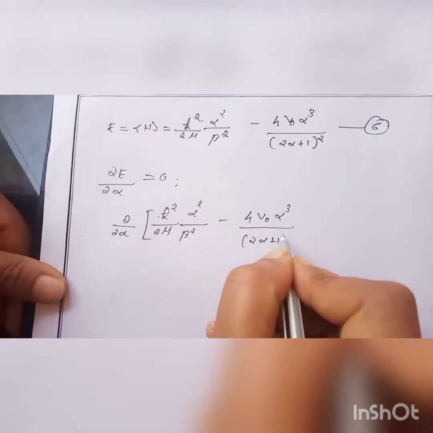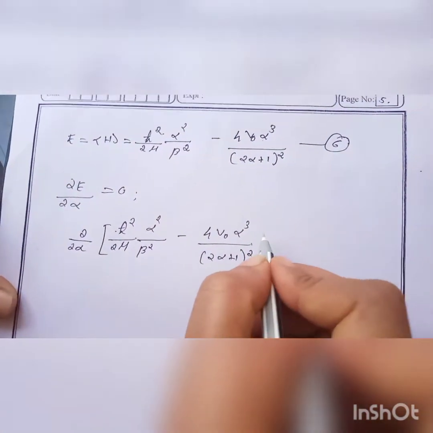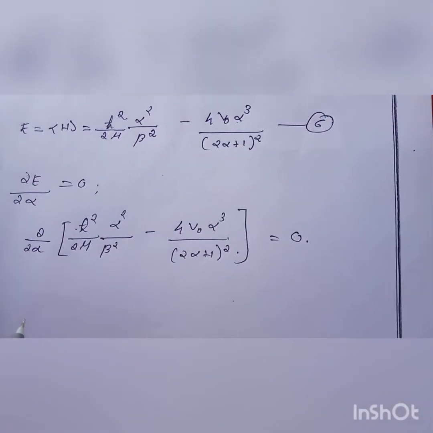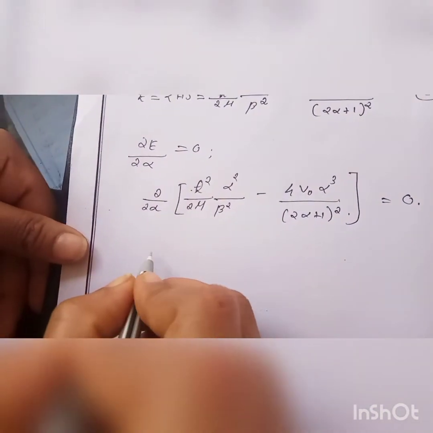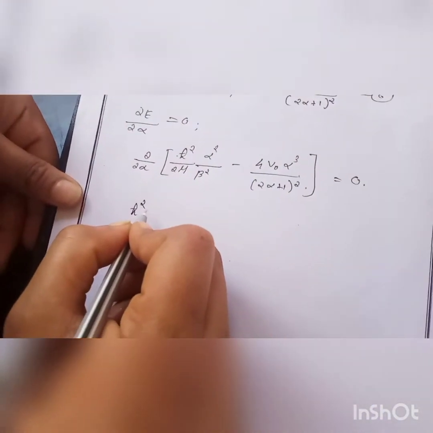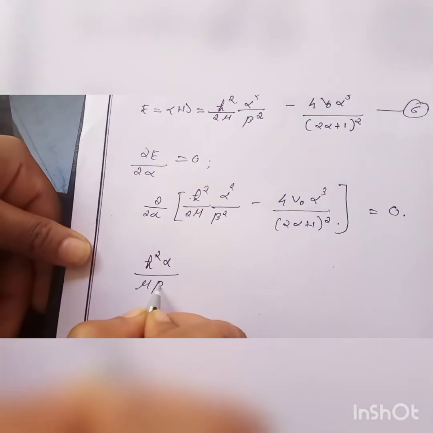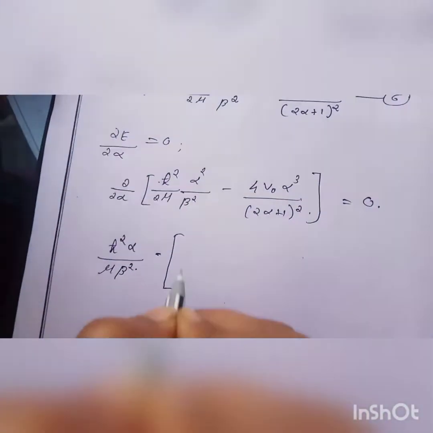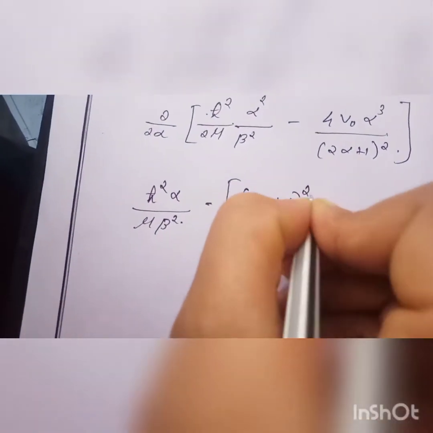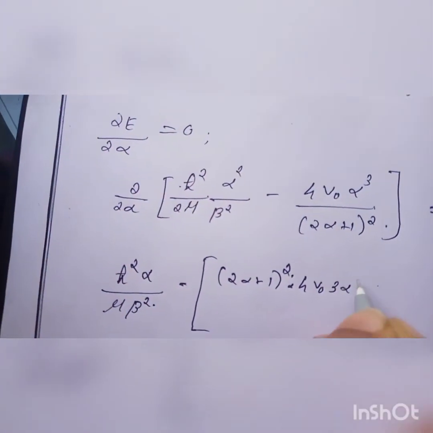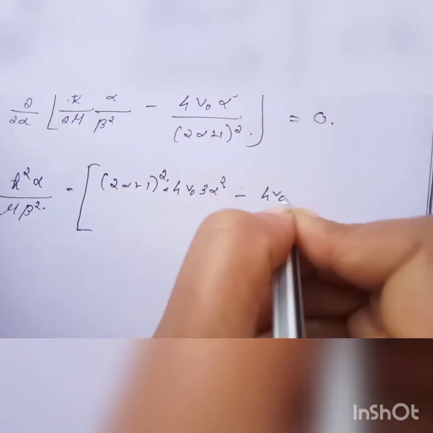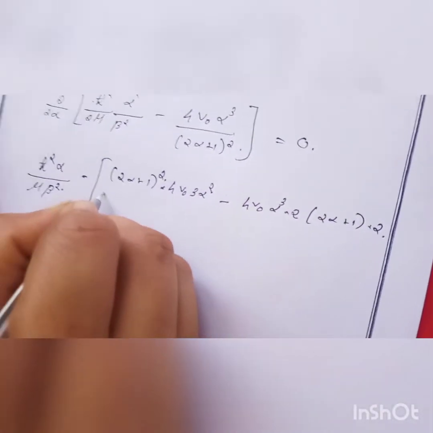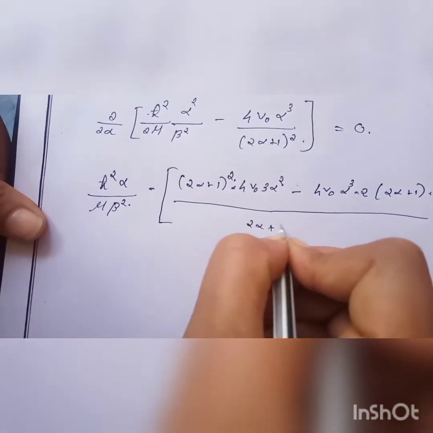Then next, we aim to minimize the energy. The ground state energy is the minimum value of the expectation value of H, that is, ∂E/∂α is equal to 0. Then differentiate with respect to alpha and equate it to 0, which gives ħ²α/μβ² minus, then here we apply the quotient rule, then we get (2α+1)² into 4V0·3α² minus 4V0α³ into 2(2α+1) into 2, whole divided by (2α+1) raised to 4.